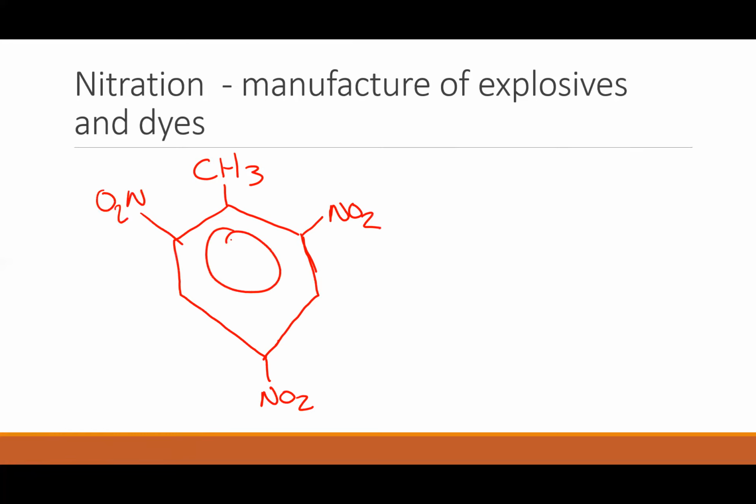Nitro compounds can be reduced to form aromatic amines, and that's something we'll look at in the next session, in further detail later on. When we do that, these amines are used to make dyes and pharmaceuticals.